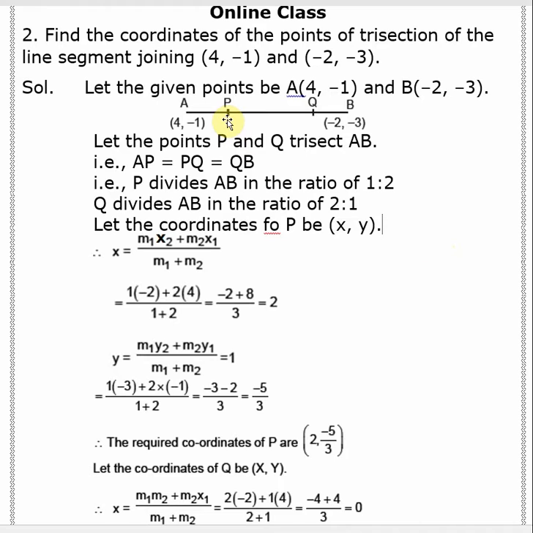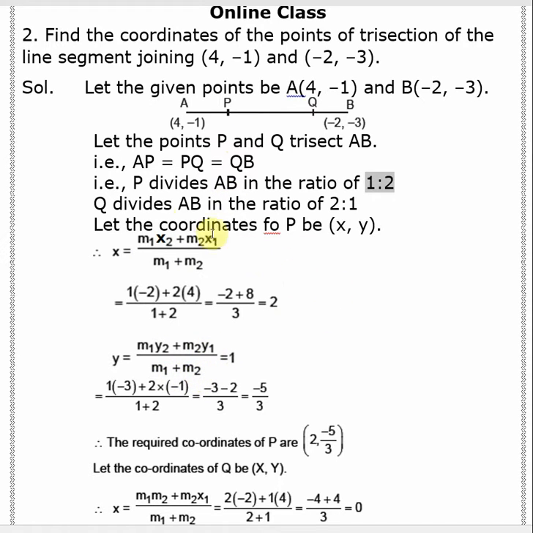Now if P is dividing AB into a ratio of 1:2, then we can apply the section formula for the coordinate of P: (m1x2 plus m2x1) by (m1 plus m2) and (m1y2 plus m2y1) by (m1 plus m2).